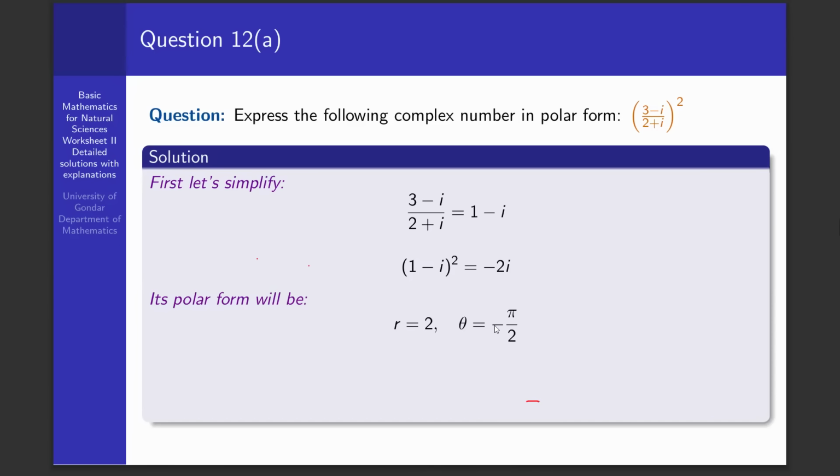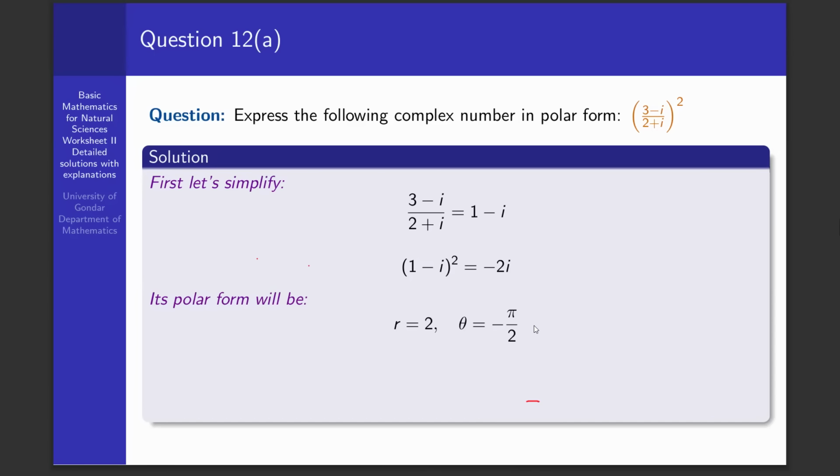And theta could be, that is tan inverse of minus 2 over 0, which is undefined. We know that tan inverse is undefined whenever theta is either negative pi over 2 or pi over 2. But in this case, it is negative pi over 2 because the terminal side of this point is found on the negative imaginary axis. So that theta is negative pi over 2.